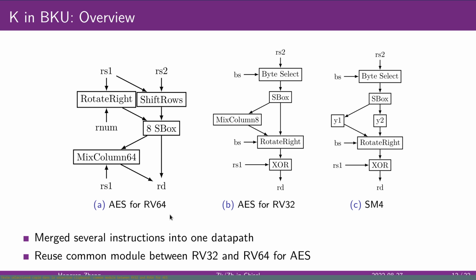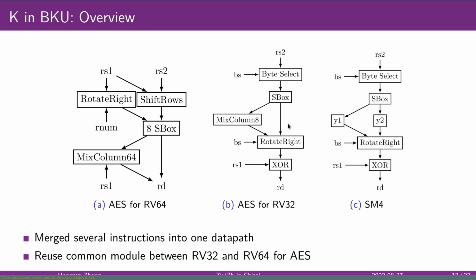In our design, we merged several instructions into one data path. For encryption and decryption, we can just reuse this data path. And for some instructions, we can mix columns, or we can not mix columns. So these are 2 data paths, and we merge them here.